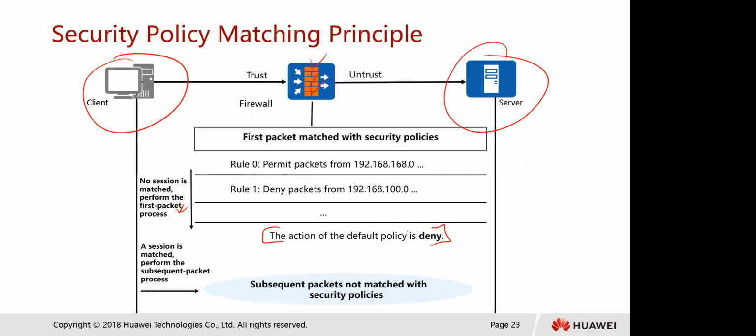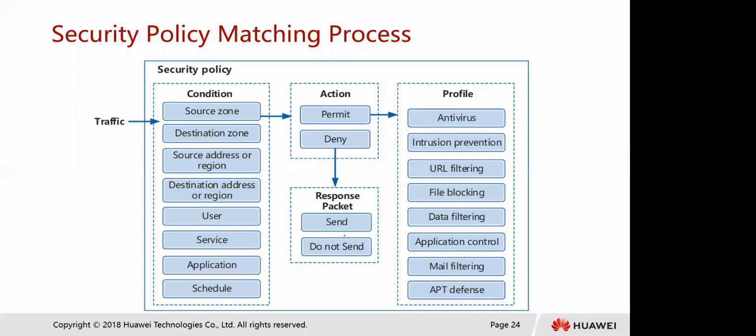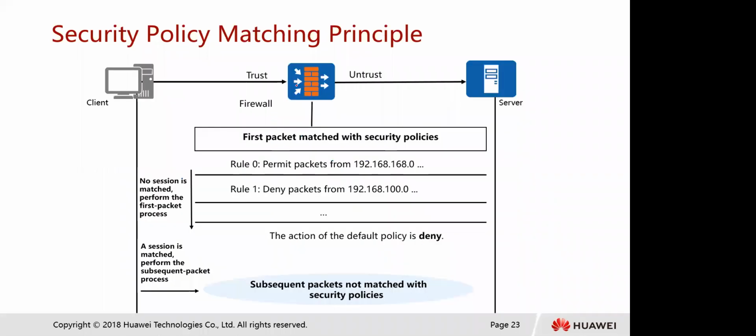If you meet a question asking what is the default policy, is it permit or what? Keep note, it is deny. And we do not process subsequent packets or match them with the security policy as long as the first packet has been matched with our security policy. So we were looking at the matching principle.